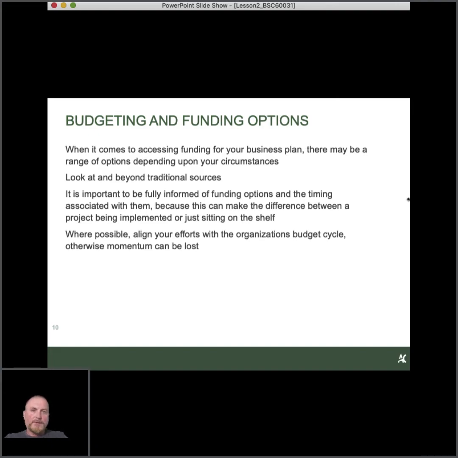There are different ways to think about funding. Most funding is still done internally to an organization, but there are other ways of looking at funding as well. But one of the key points I want to make about funding is that it's important for any energy manager to understand how funding and budgetary decisions are made within an organization. There's no use presenting a business case to a management team that has just approved its budget last week for the next year, or worse yet, you've just presented your business case and you know what?